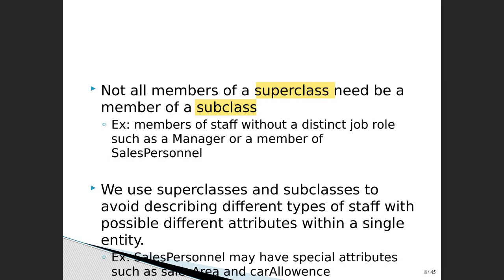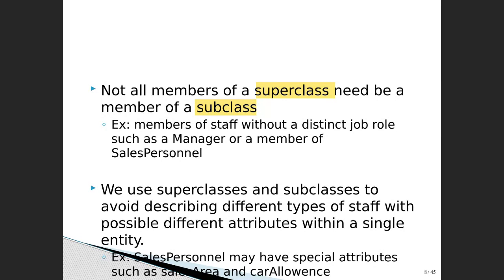For example, not all members of staff need to be managers. Not all members of staff need to be secretaries. So we use these two terms in order to differentiate between different types of staff. In the simple ER model, entity relationship model, we cannot have all this semantic information added.